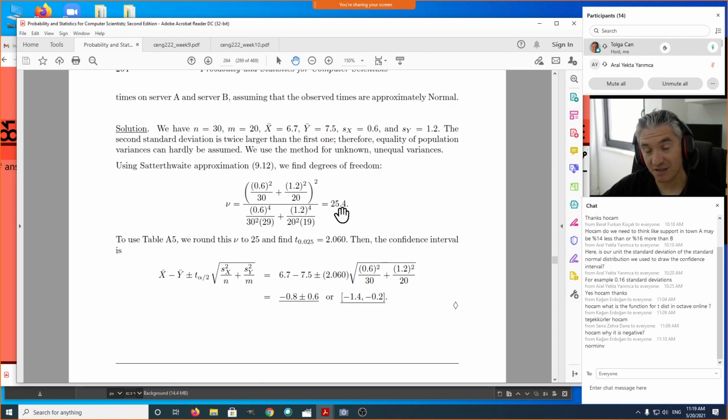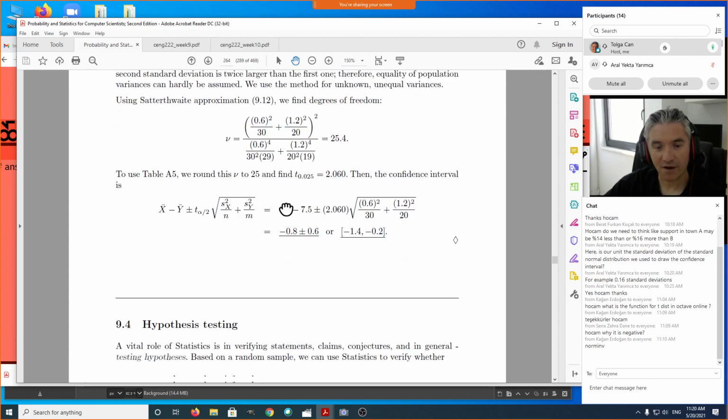It may not be an integer, so we round it to the closest integer in the table. They use 25 degrees of freedom with the 0.05 significance level. We get a t value of 2.06, and that t value times the standard error is how far we go away from the center. So this is how we do that.